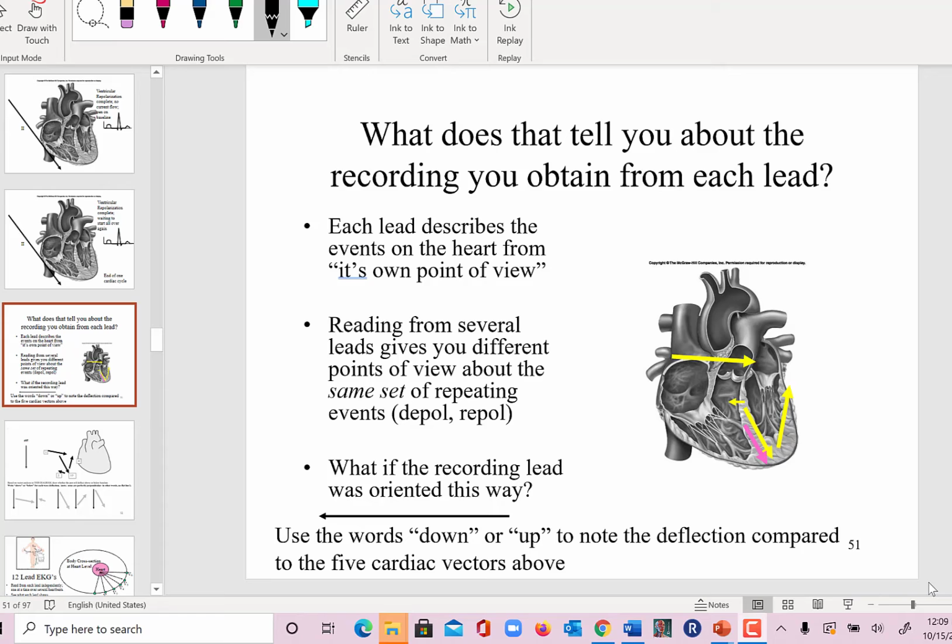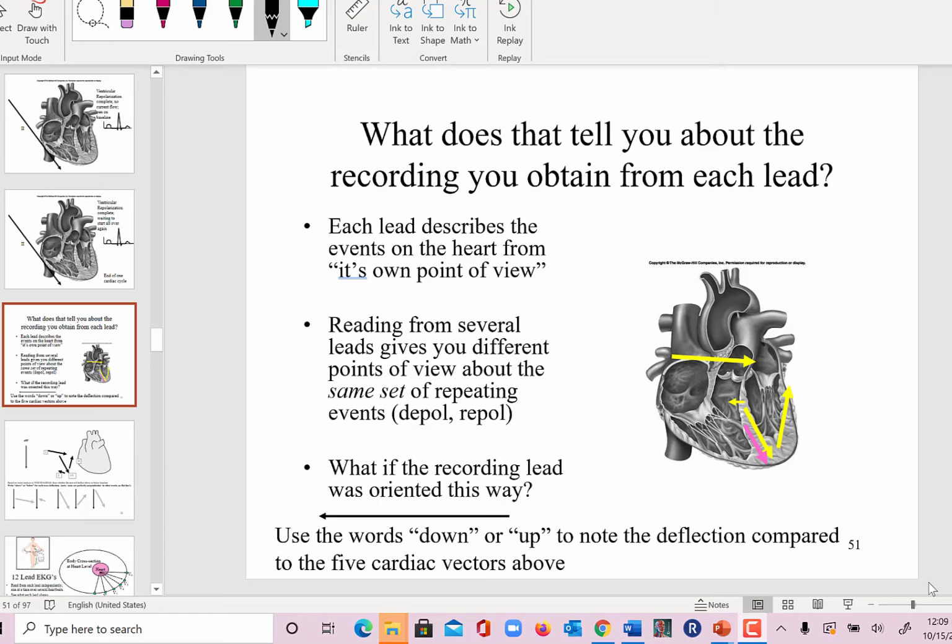Much like the different cameras at a sporting event record the same play, but they each have their own perspective and help the head referee make a decision.